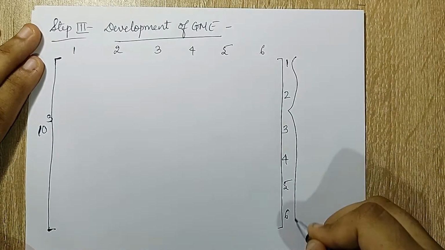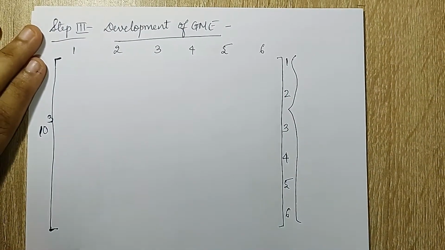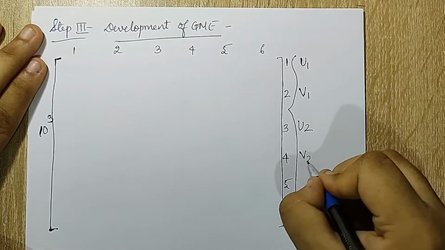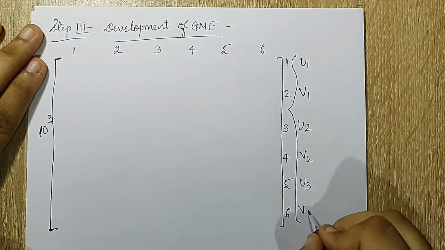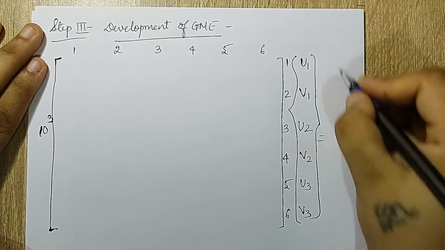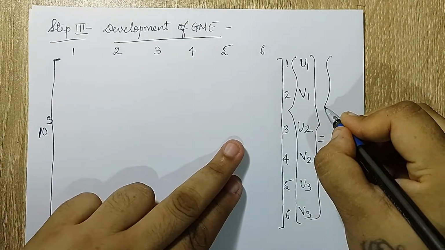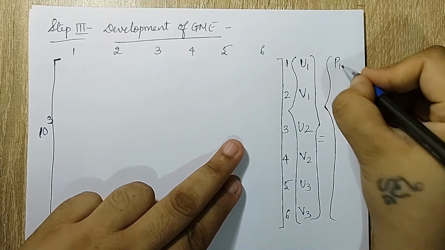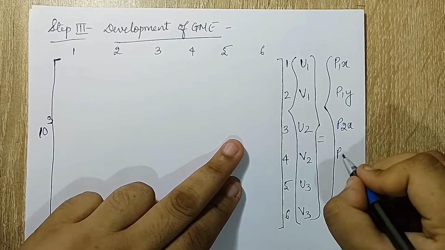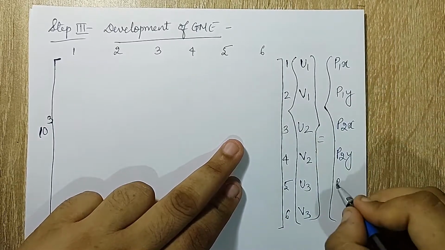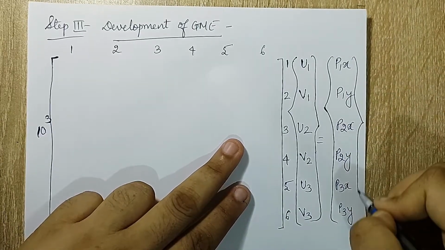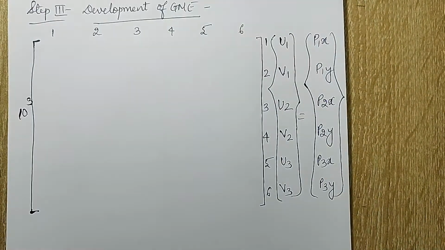Make this enough spacious so that you can write the addition values also properly. u1, v1, u2, v2, u3, v3.